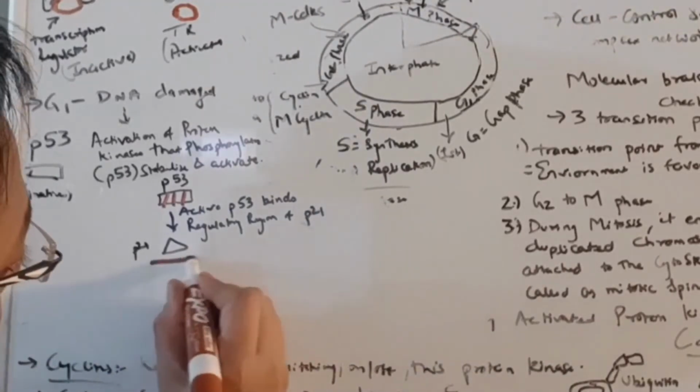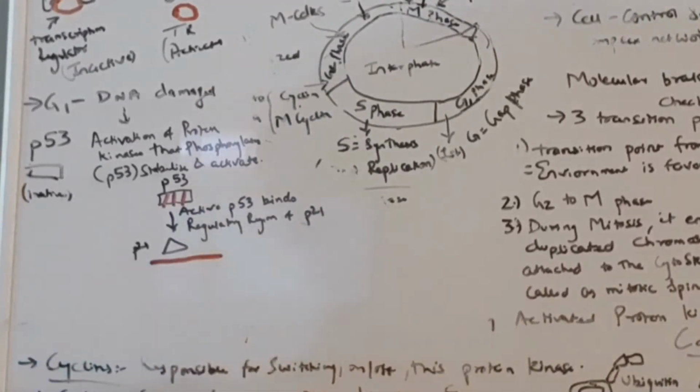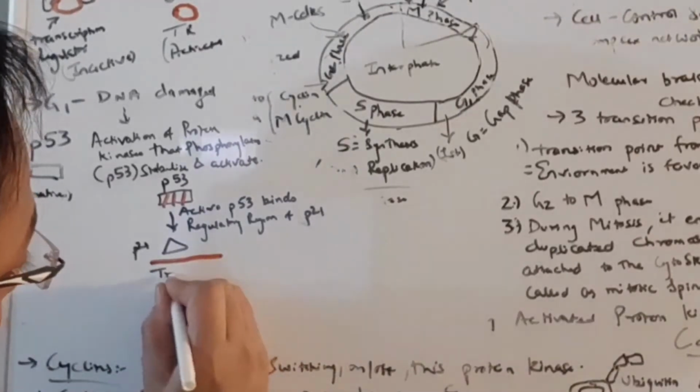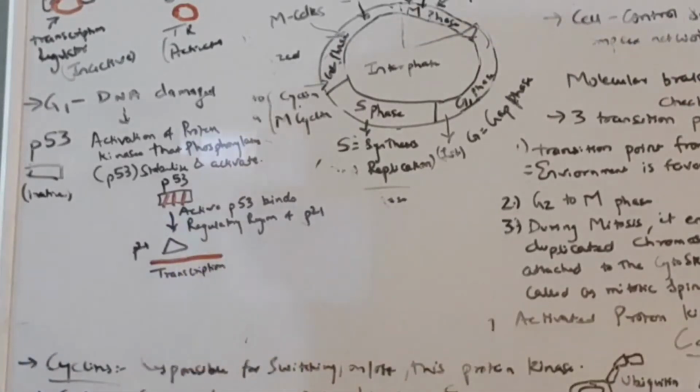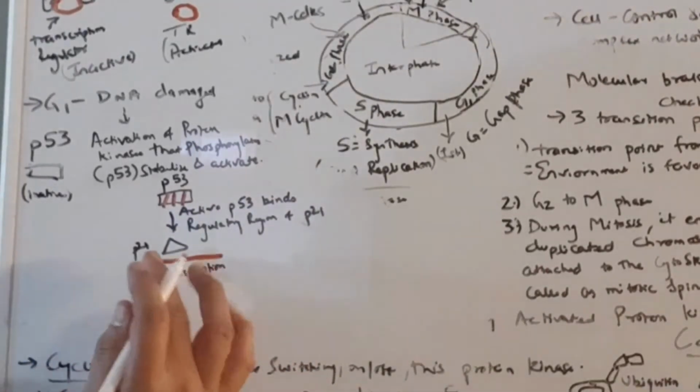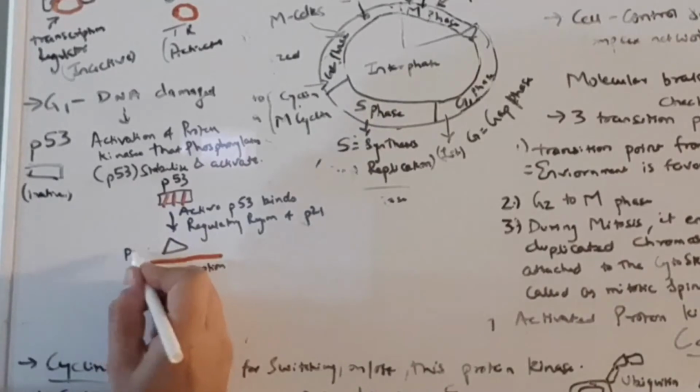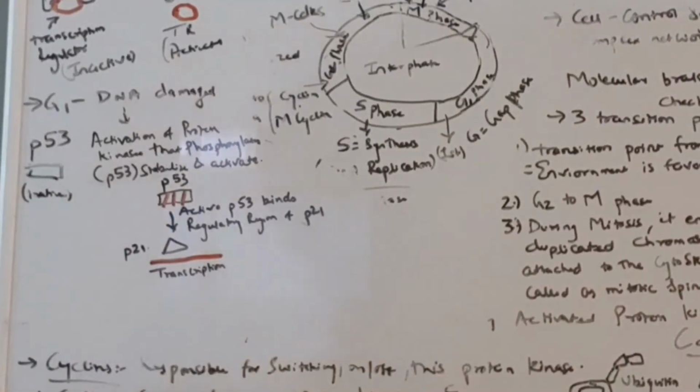So it will have like this. This is, for example, the transcription. I will write it down here. Transcription P21. I think you can see that. Okay, maybe now. All right. So what it will do, it will activate this P21.